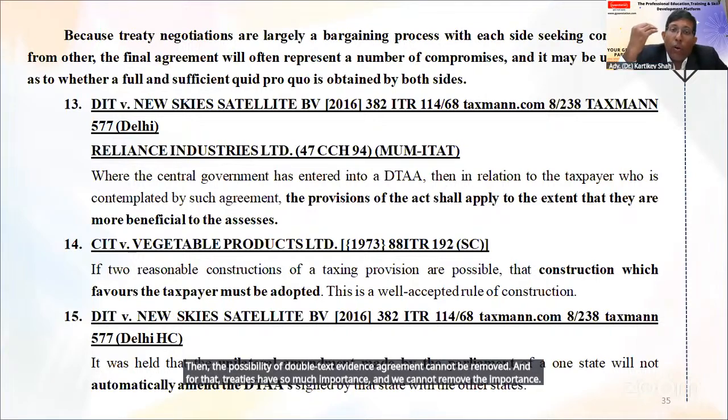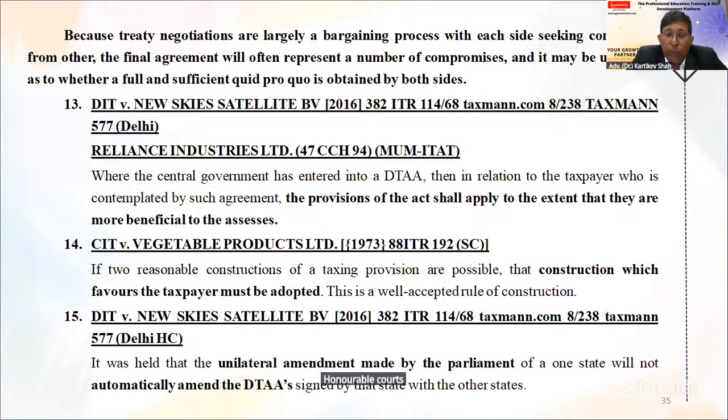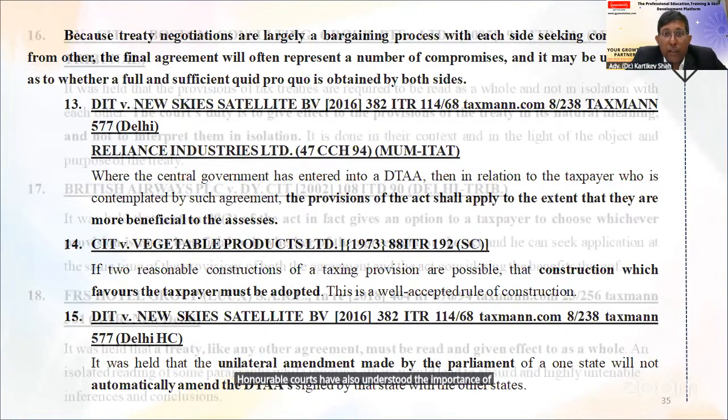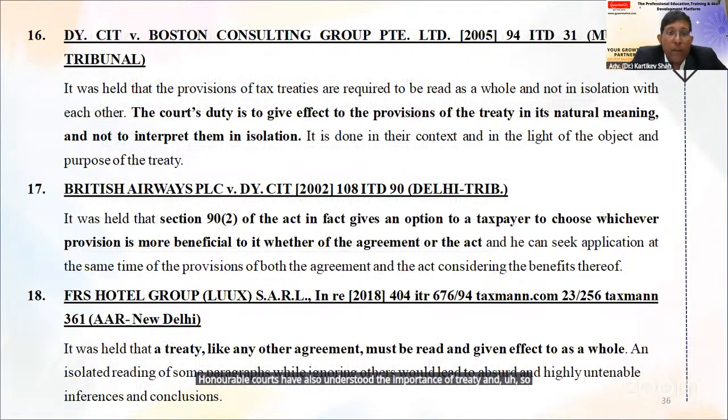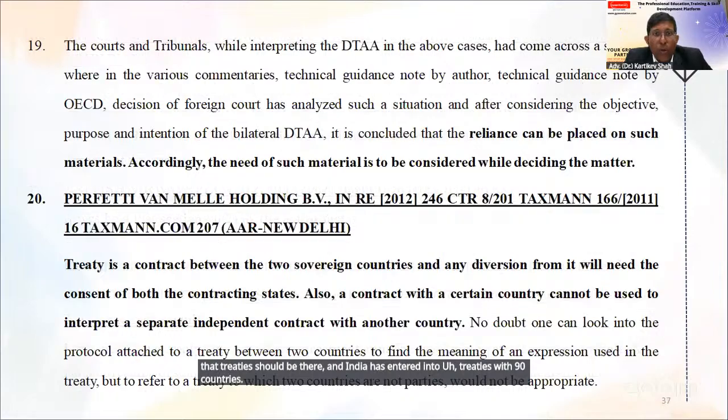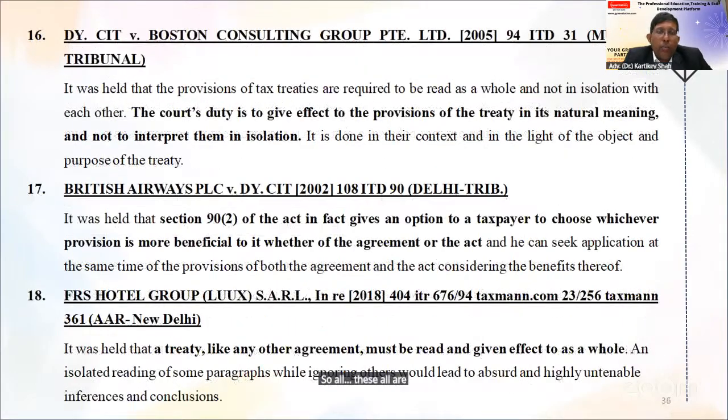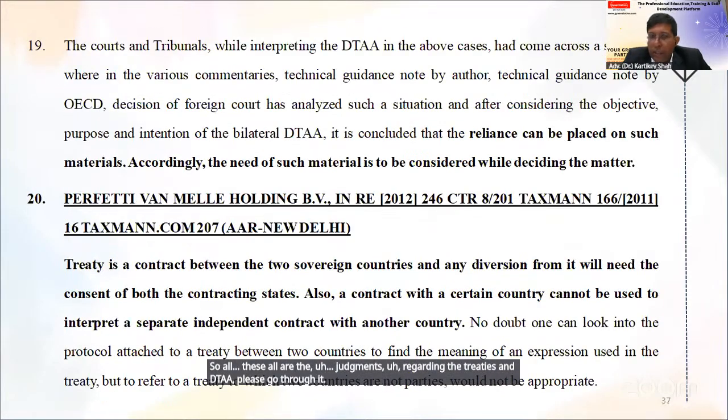Even honorable courts have understood the importance of treaties, and India has entered into treaties with 90 countries. These are all the judgments regarding treaties and DTAA. Please go through them. We are running short of time.